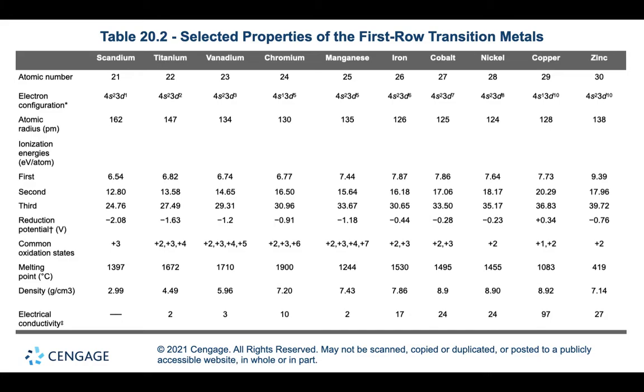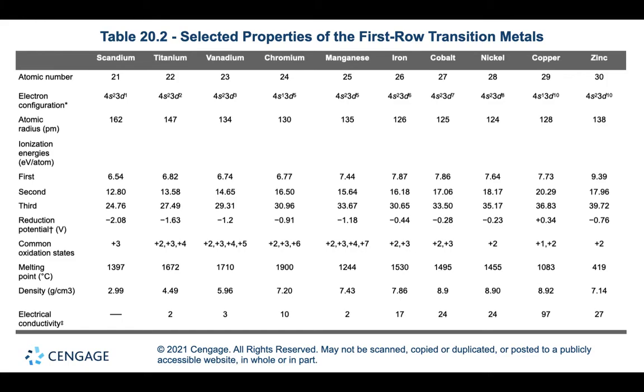So here is a table. It lists elements 21 through 30, scandium through zinc, gives their actual electron configuration, even the exceptions, chromium and copper, and gives the atomic radius. So you can see by looking at this that maybe with the exception of scandium, everybody's in that 120 to 140 range with the size of the metal atom, or the atomic radius of the metal atom, and we don't see the typical drop in atomic radius that you would normally see left to right.